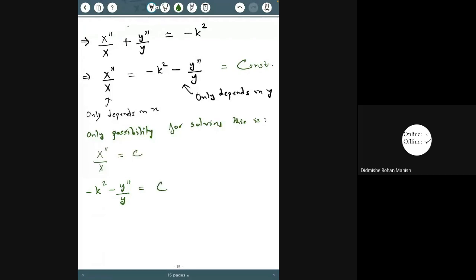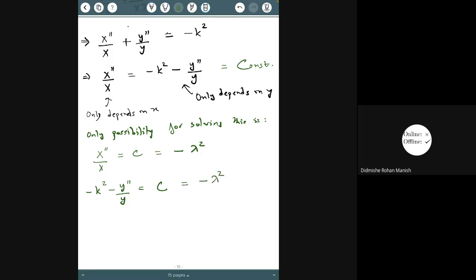Okay, and this constant I will write as minus lambda square in this form because this will let me solve this equation easily.